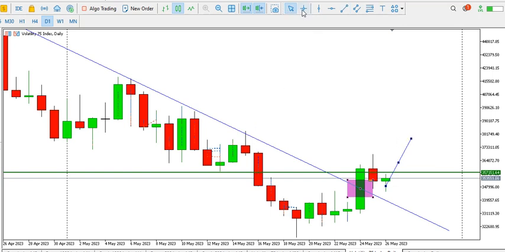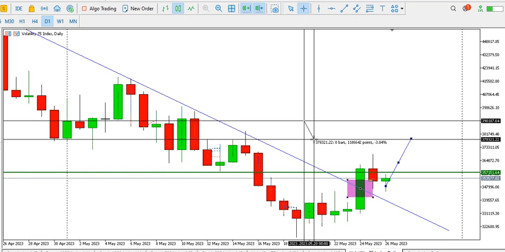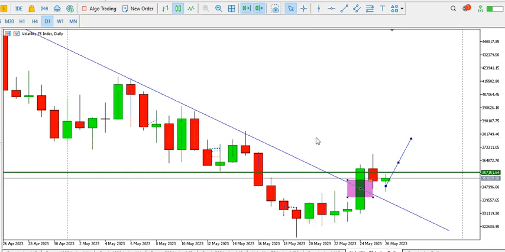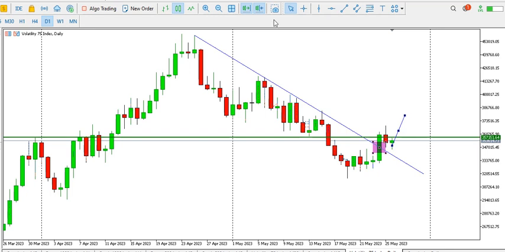We might end up seeing price moving to the 378-321 level. But for now, price is bearish.